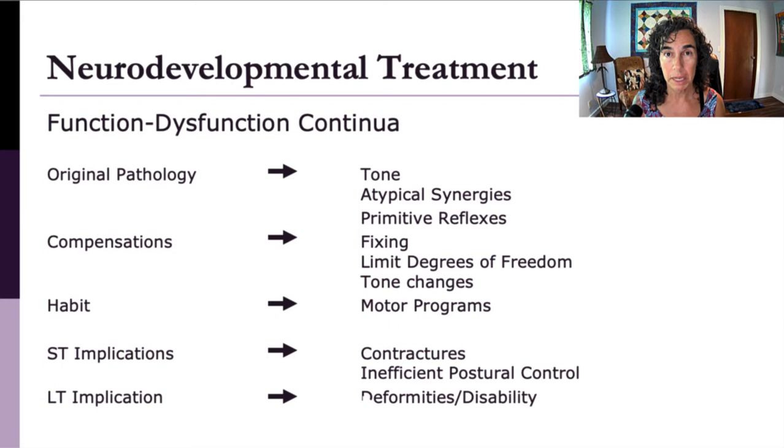They'll fix their knees and their hips and just lock them into place to keep themselves standing. It works, but it's not so great if you actually want to walk, right? Also, limiting degrees of freedom. So if a joint moves in 3 degrees of freedom, they might press back against something so that there's only 2 degrees of movement to have to worry about, right? So more degrees of freedom of movement is great for mobility, but it also results in less stability.